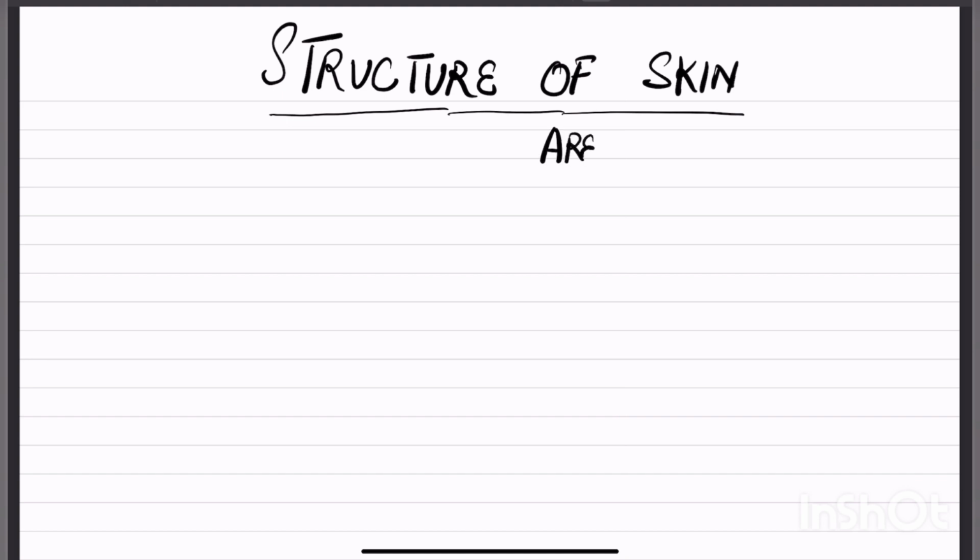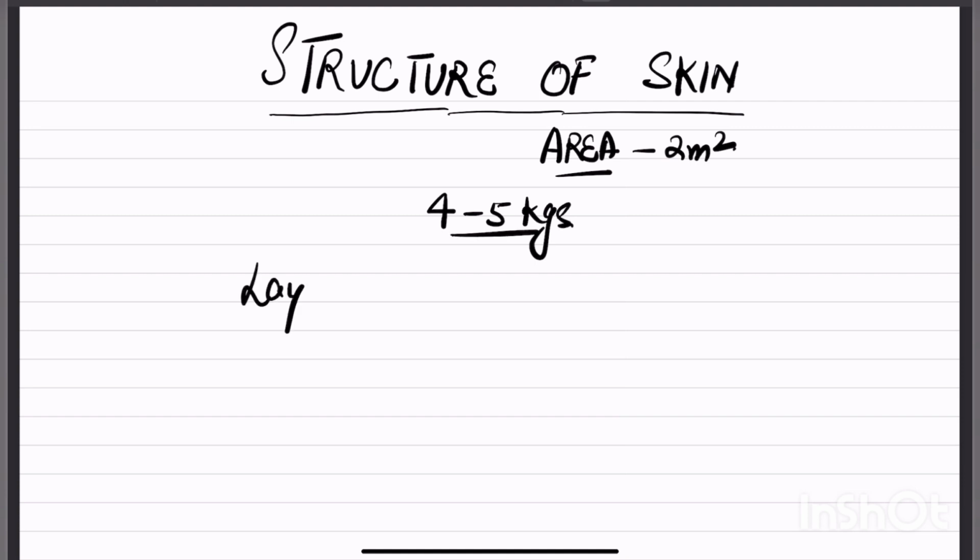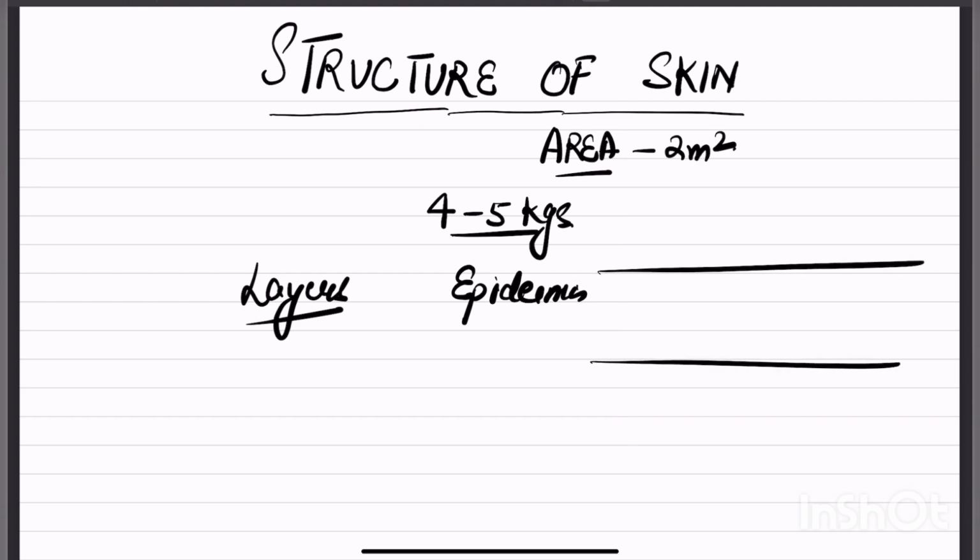Starting with the area of skin, that is 2 meter square, and it has got weight of about 4 to 5 kgs. Now, layers of skin. We have epidermis, which is composed of stratified squamous epithelium. It is made up of keratinocytes.